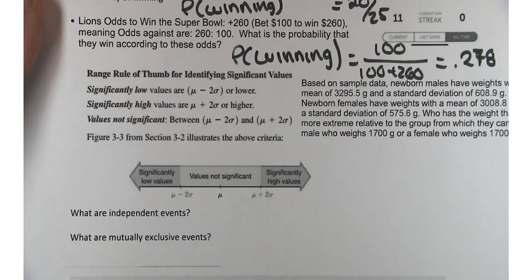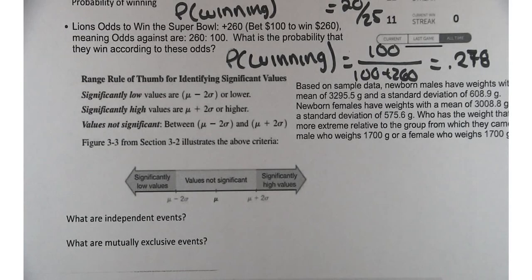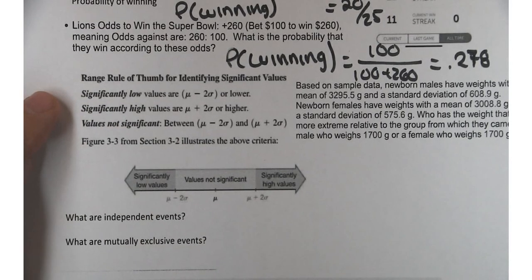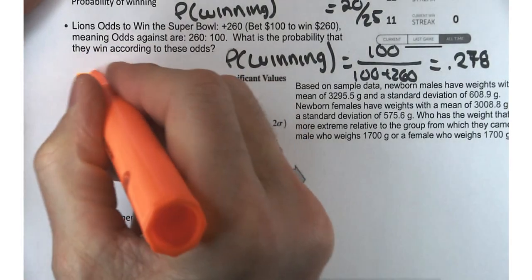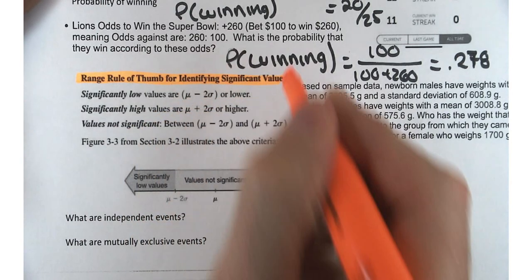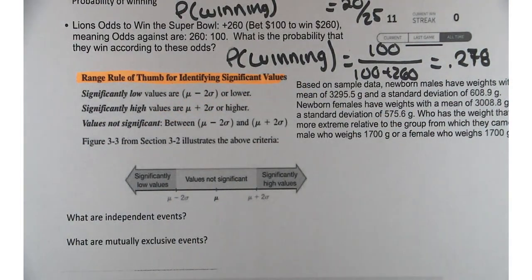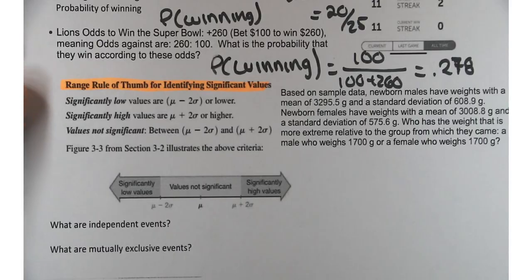Let's go back to mu and sigma. One of the things that we had early on was the range rule of thumb. This is what helps you decide what's unusual and what's not unusual, what's significantly low and what's significantly high.